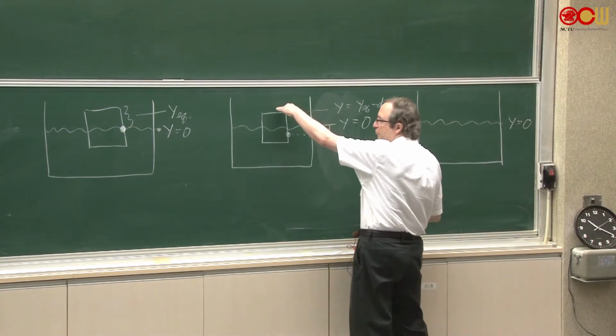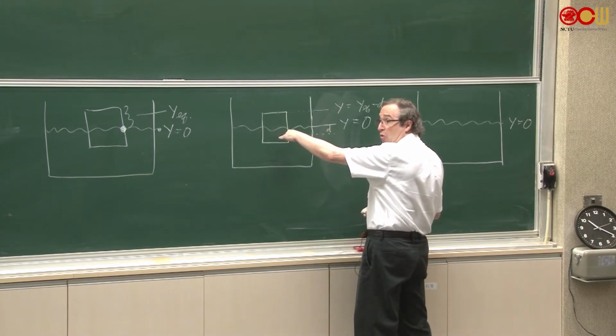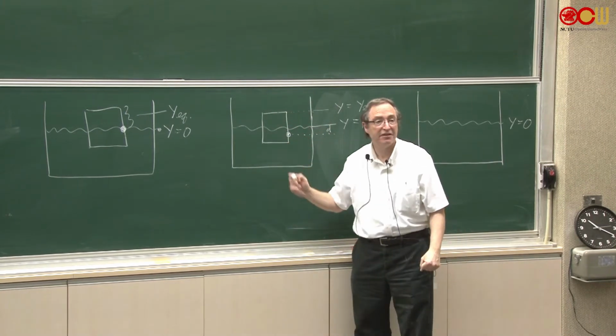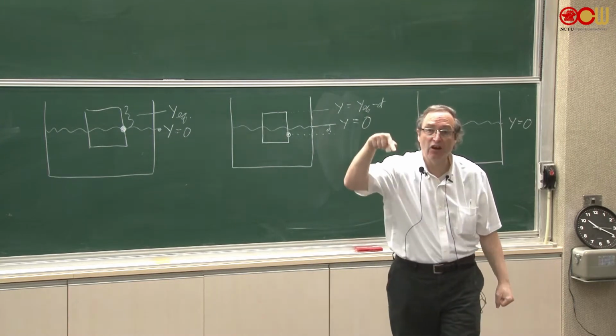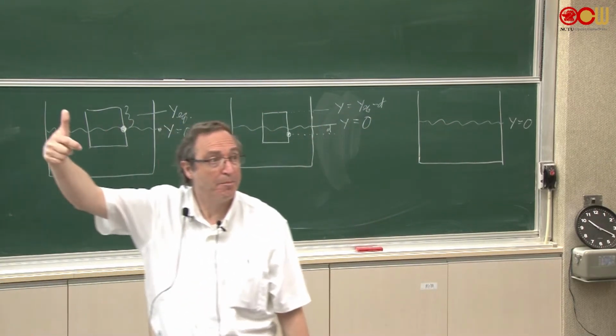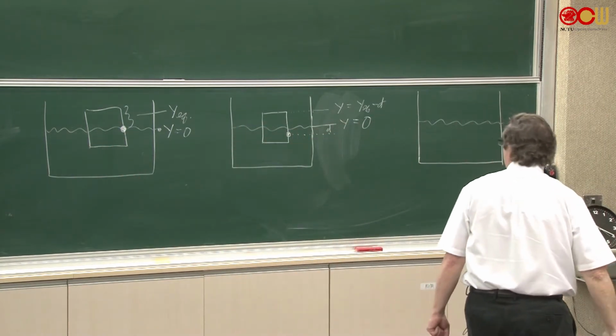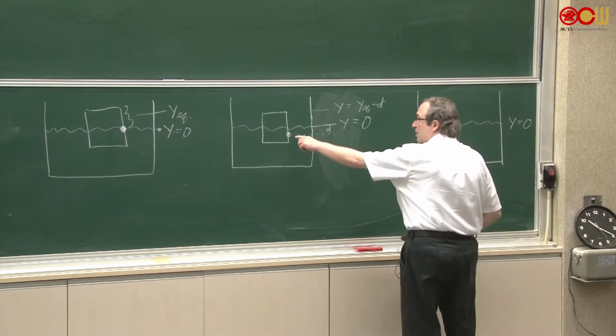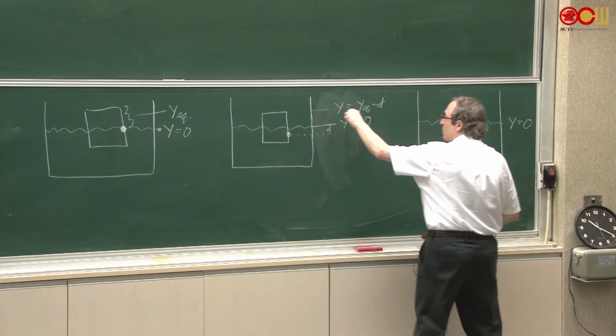Now, once I press this down and let go, what is going to happen to the object? Is it going to go down or up? It's going to go up. All right, so I draw another picture where it's somewhat higher.